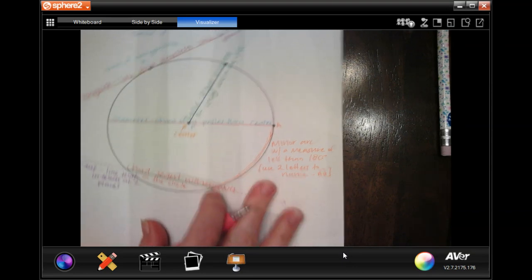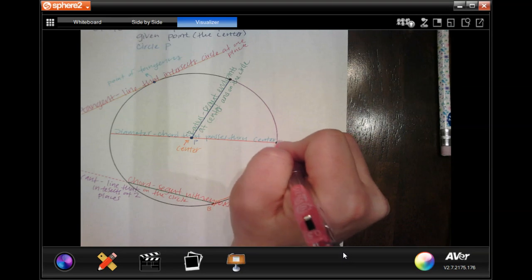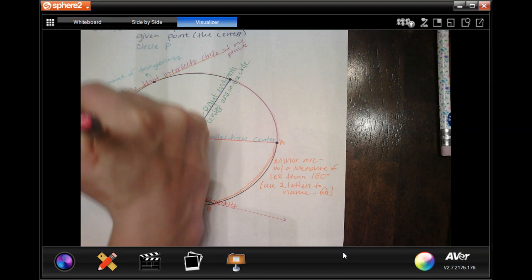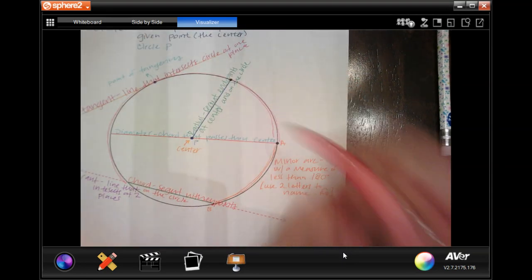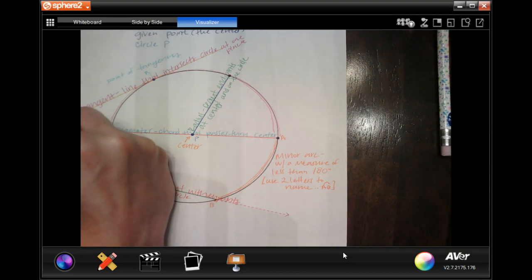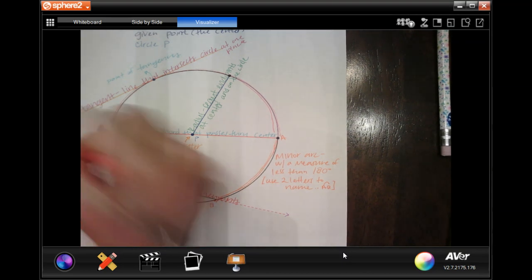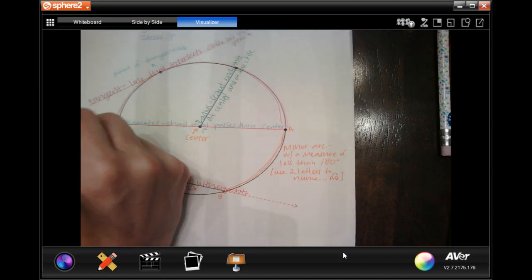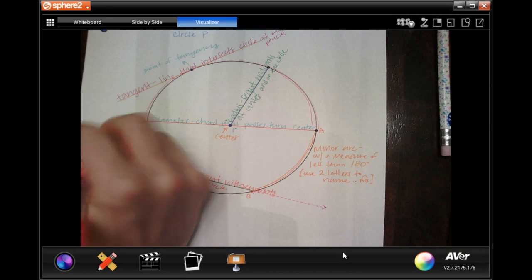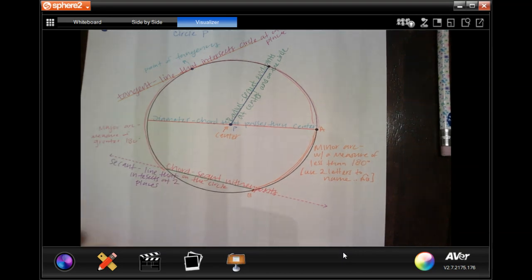We have another arc, and that would be something like this, all the way around to here. And if we've got our minor arc, this would be our major arc. And you could probably guess, this is going to have a measure of greater than 180 degrees.